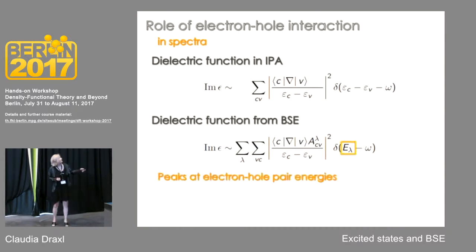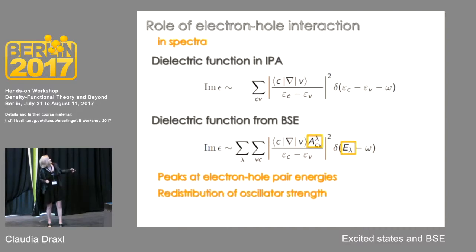So what you could expect going from this approximation to the real thing is that your peak positions would shift. And then there's another effect here, because you see that these matrix elements, which were the pure momentum matrix elements before, also get renormalized with respect to the coupling coefficients. And this basically gives rise to a redistribution of oscillator strengths.